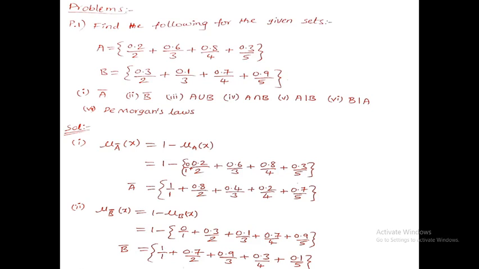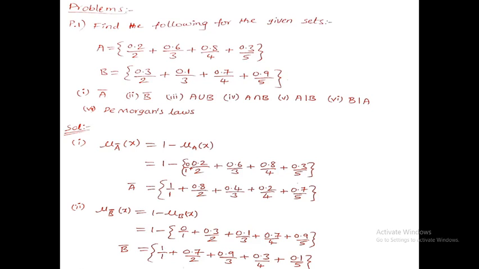In the fuzzy operations, in a similar way, mu B bar of x is equal to 1 minus mu B of x. Already we know the B set, so you can write it in a similar way to A complement. B bar is equal to 1 minus mu B of x, where you represent the B function.